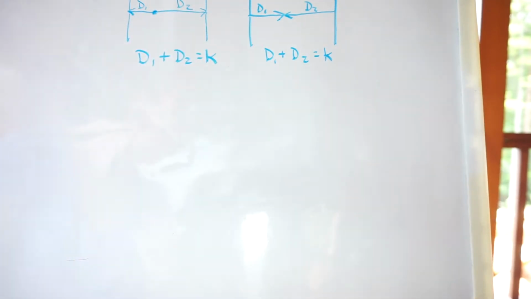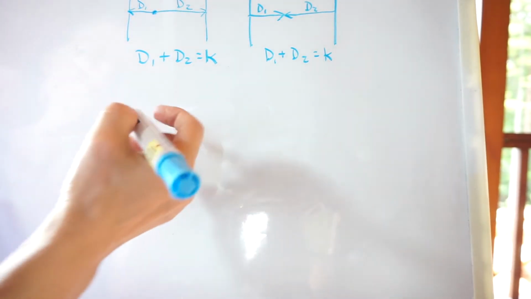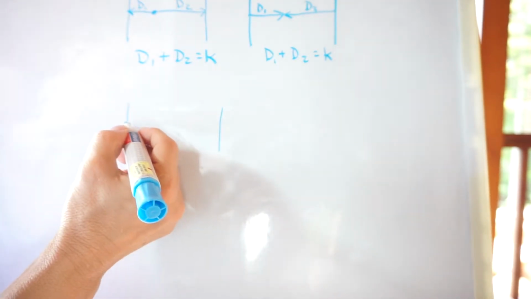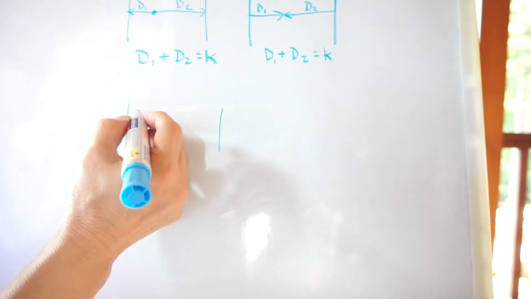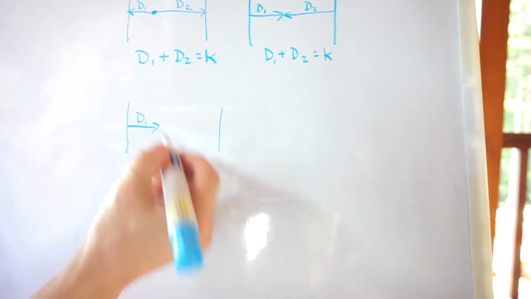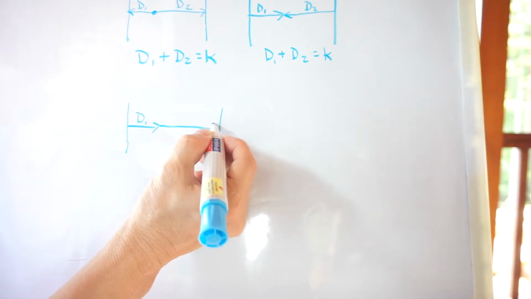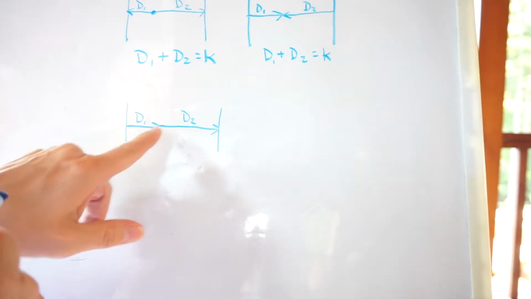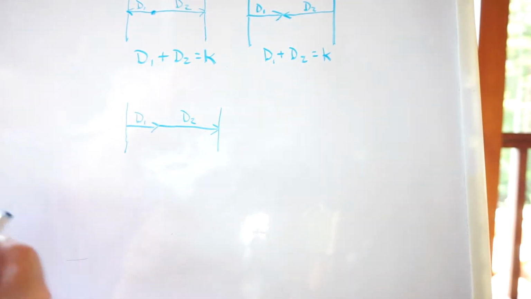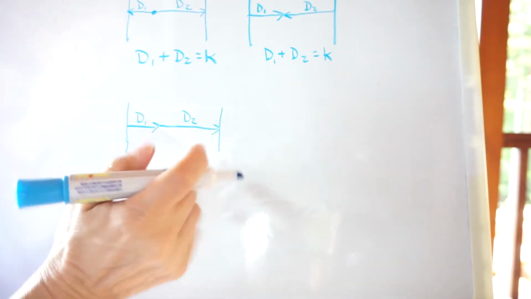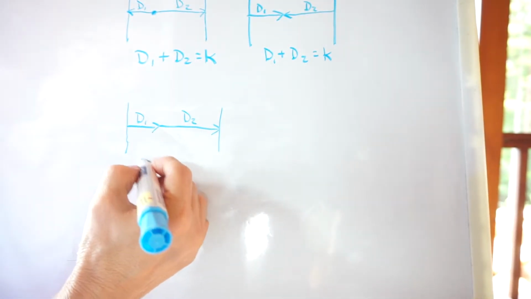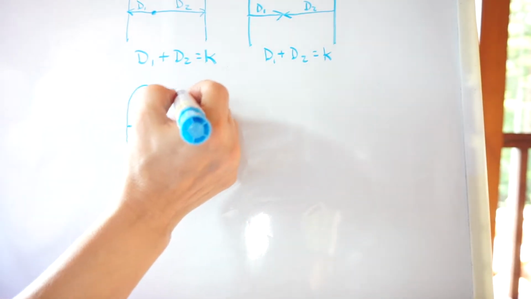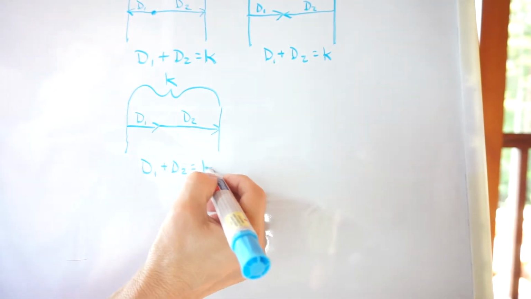Or it could also be something like this, where somebody starts off walking for a certain amount of time and then runs the rest of it. But the rate here would be different from the rate here, because the rate walking should be different from the rate running. But again, you can see that that first distance plus the second distance is going to be equal to some number that they will give you.